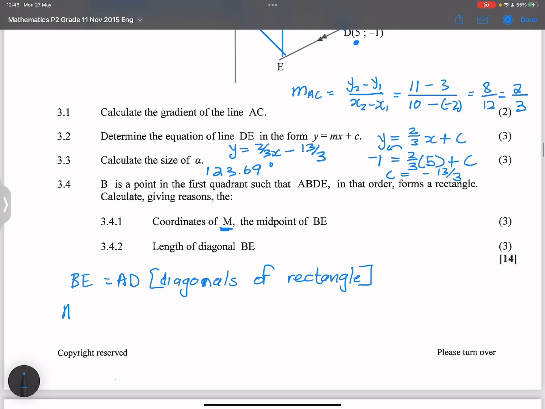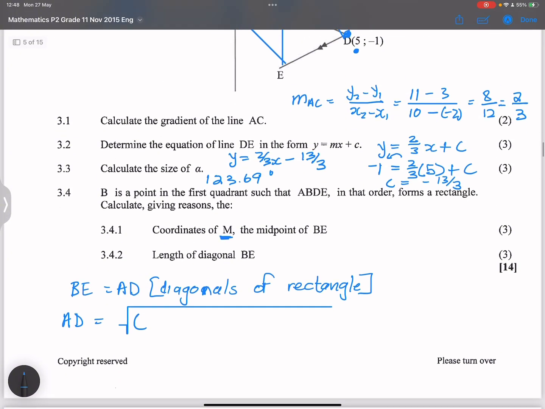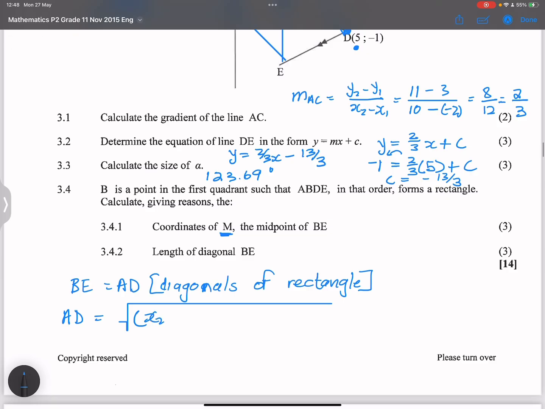So AD would be the square root of (xd minus xa) squared plus (yd minus ya) squared. Let's substitute the values that we have.